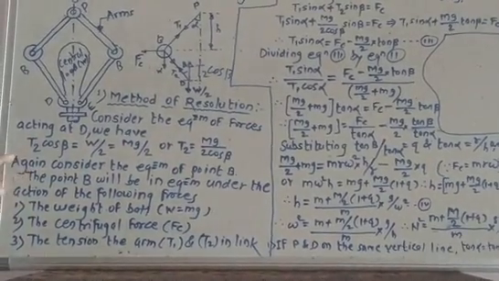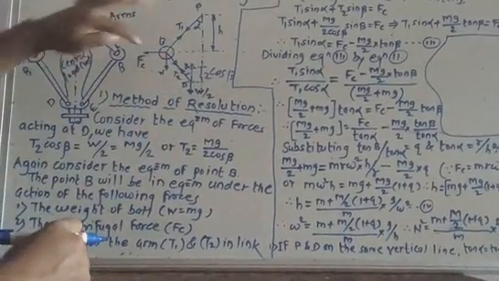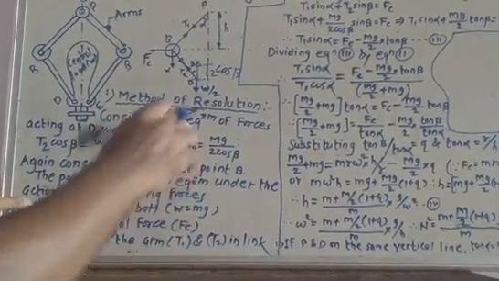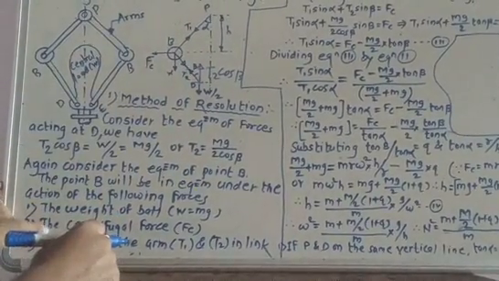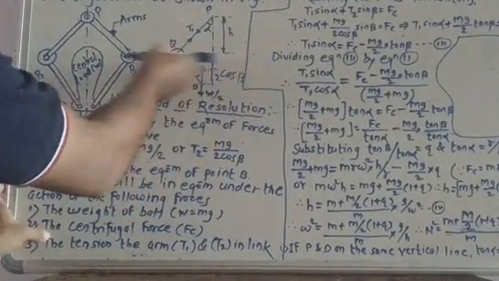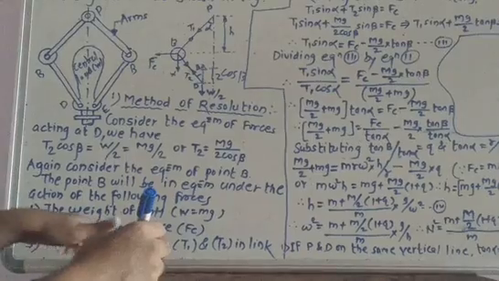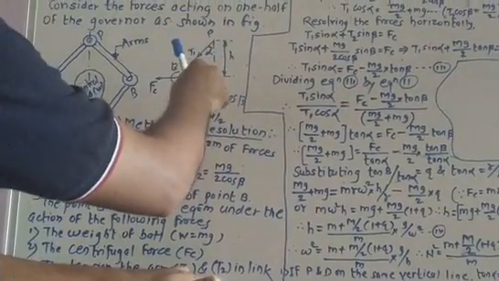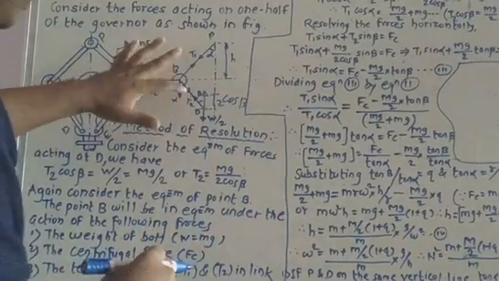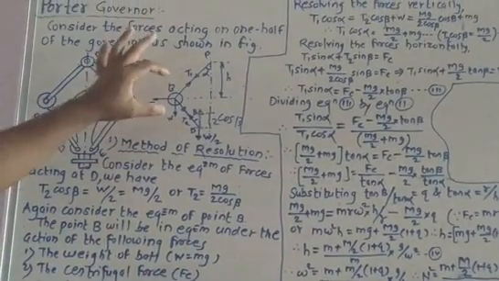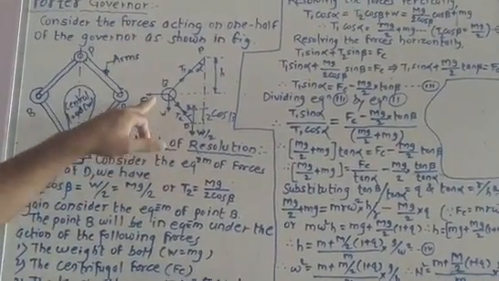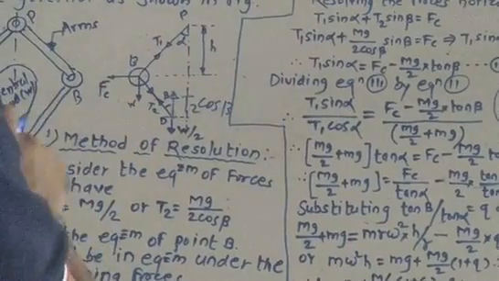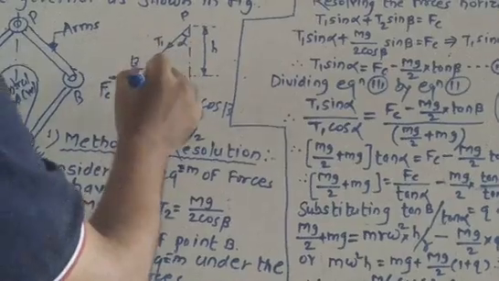Now again consider the equilibrium of point B. This point B will remain in equilibrium under the action of four forces. First, the weight of the ball acts in downward direction. The centrifugal force Fc acts in outward direction. Then the tension in the arm T1 and T2 in the link. Then resolving the forces vertically and equating the same, it is very important to resolve the tensions T1 as well as T2 along the horizontal direction as well as in vertical direction.